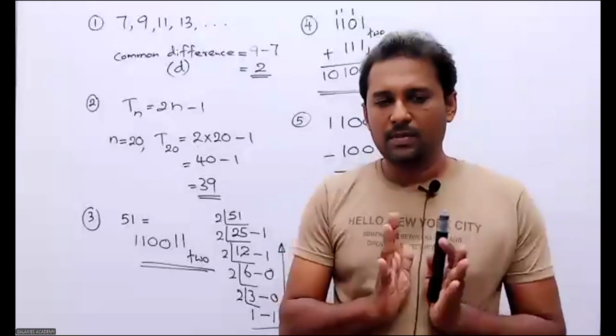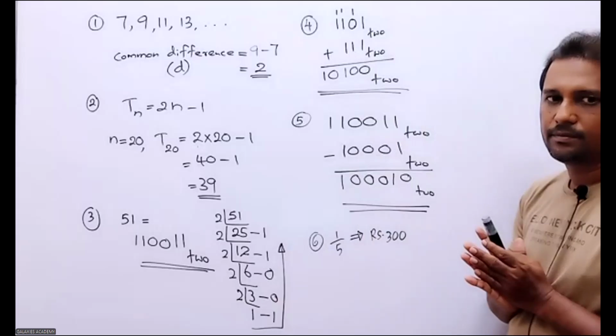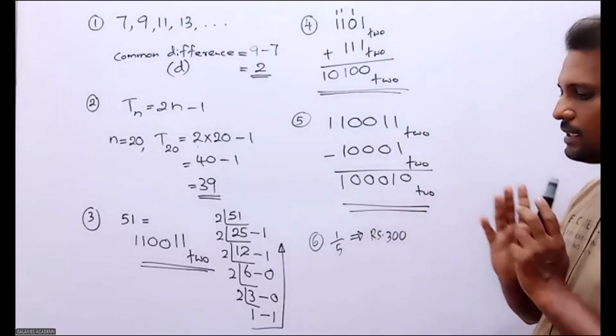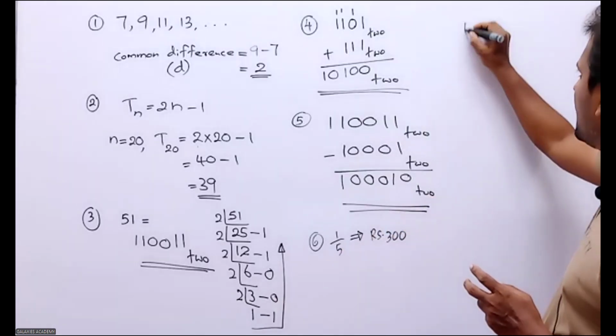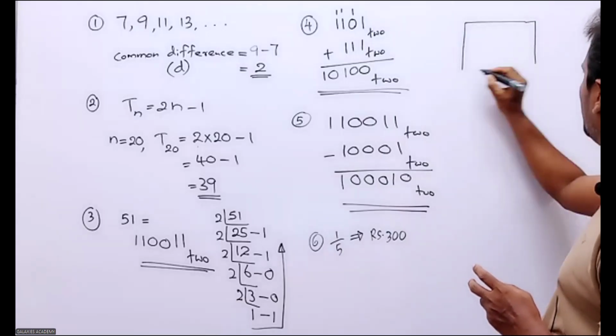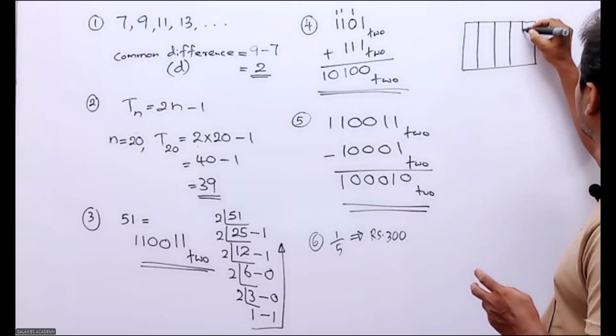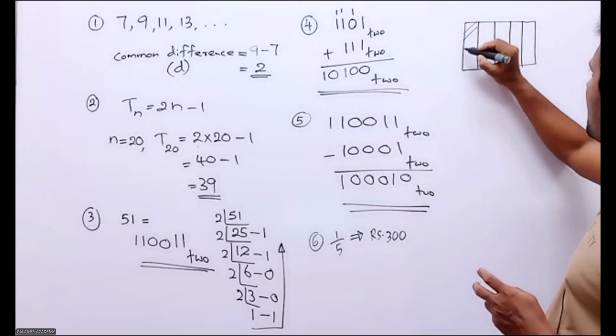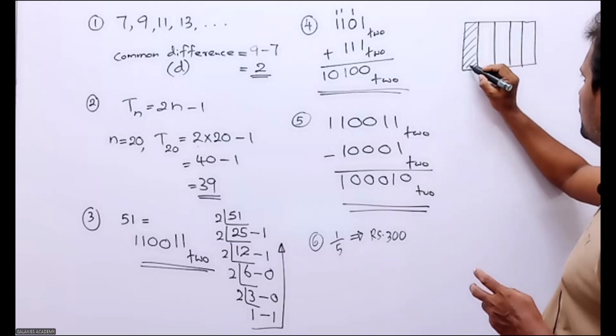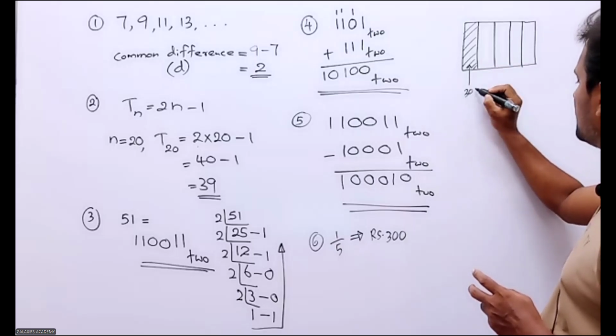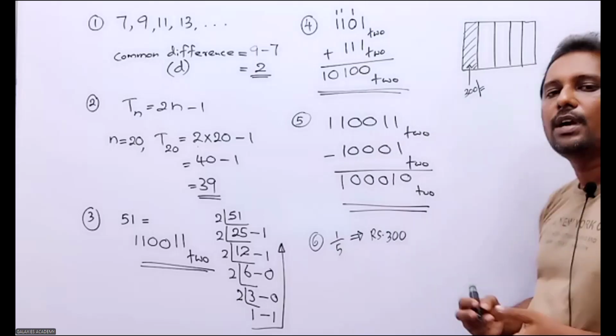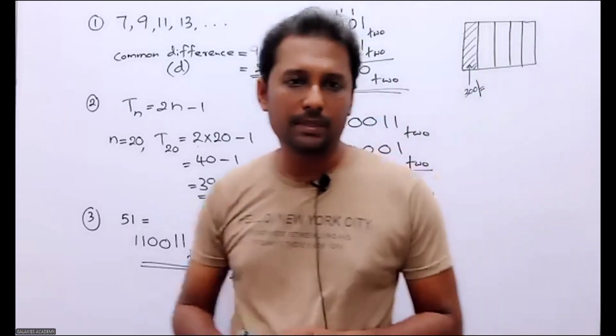First, I will say how you can think about this one. You think of a certain amount of money, then we can divide it equally into 5 parts. Then you think this one part's value is 300 rupees.